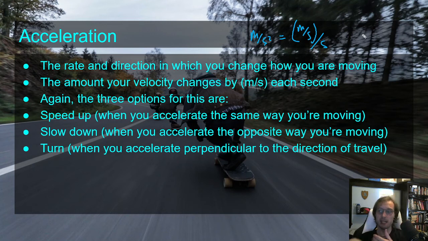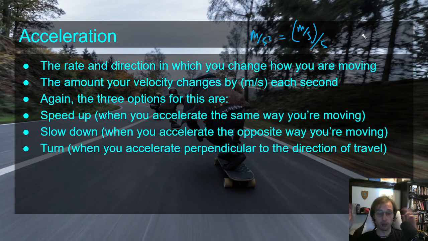So if I say that my acceleration is 10 meters per second squared, what that means is every time you wait a second, however fast you used to be going, assuming you're not creating directional change, you'll be going either 10 meters per second faster or 10 meters per second slower every second, with some notable exceptions that get weird around 0.